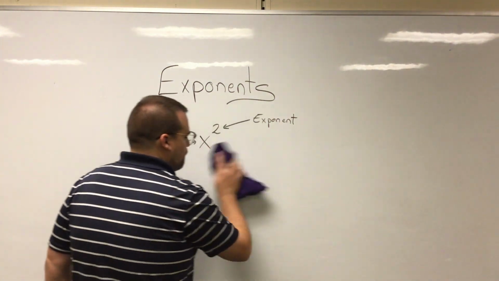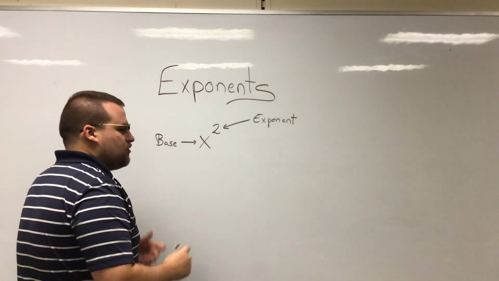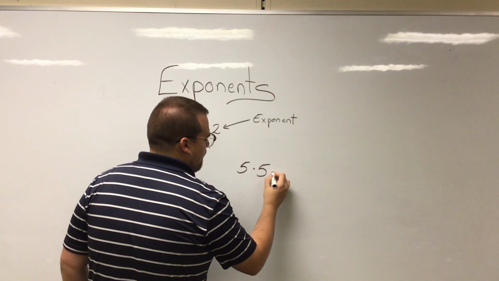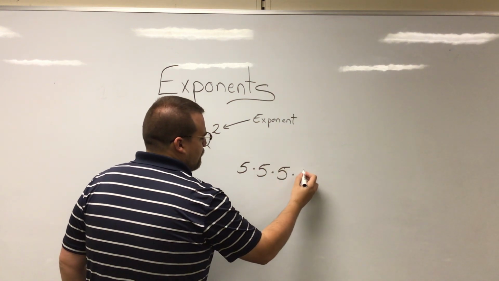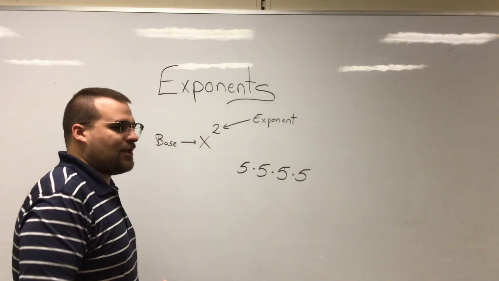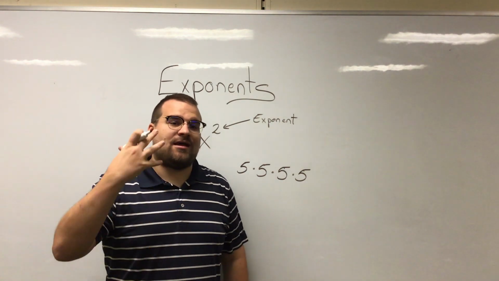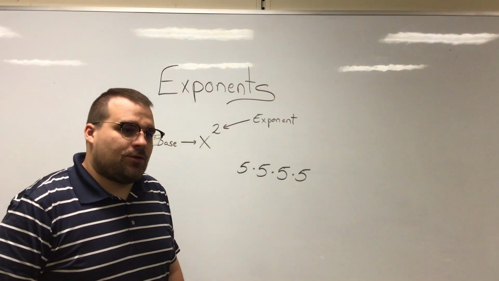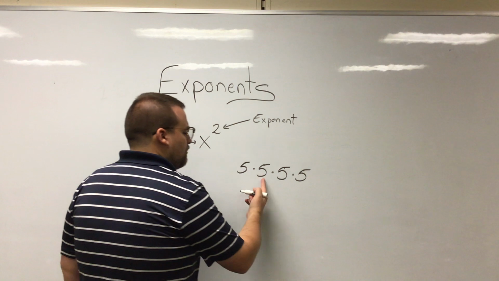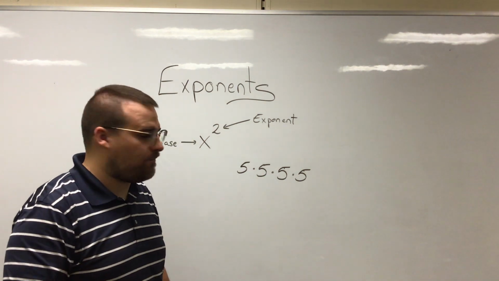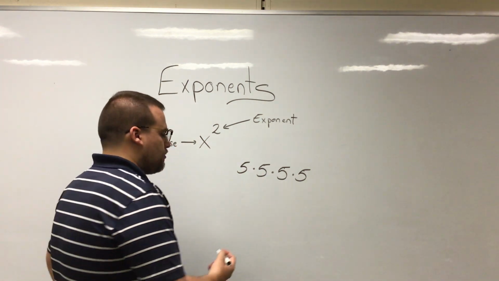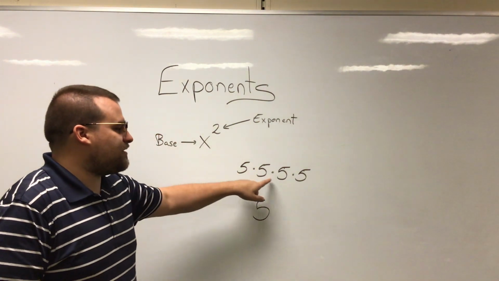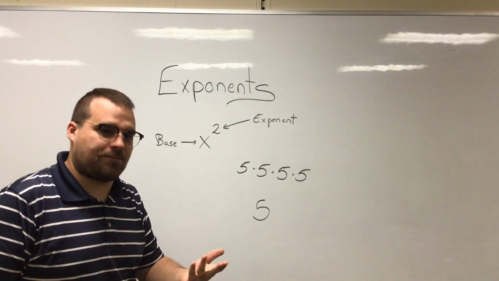In that scenario, if you see something like 5 times 5 times 5 times 5, and you're told, hey, write that in exponent form, or exponential form, you may hear it as well, then you can actually do that by recognizing, well, the number multiplying itself must be our base, so our base would be 5, and then the number of times it's multiplying is our exponent.